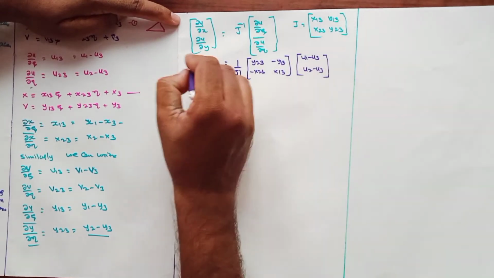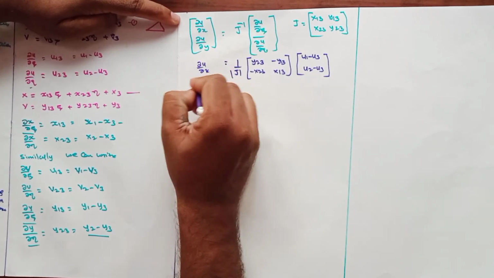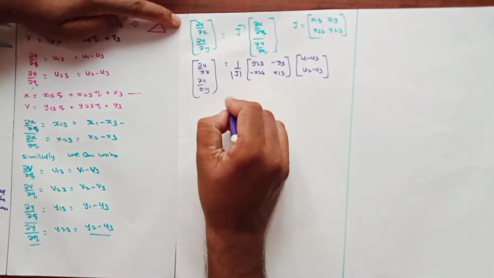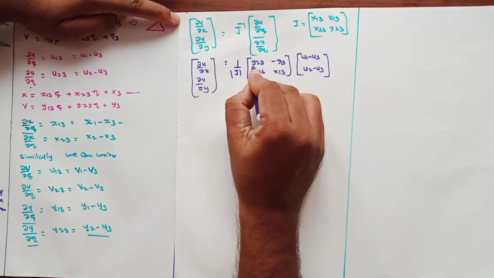Therefore ∂u/∂x and ∂u/∂y can be defined as 1 by det of J into, you have to multiply this row into column.